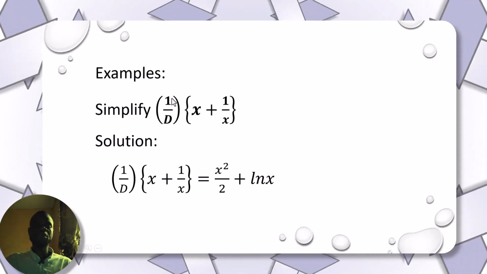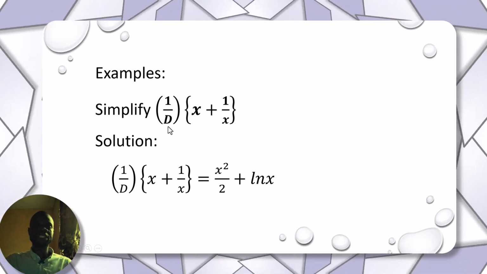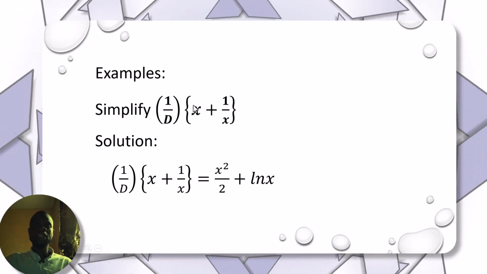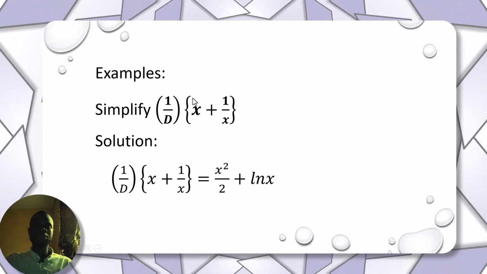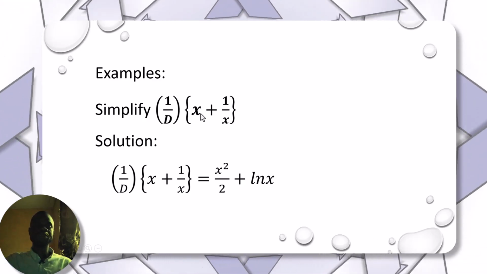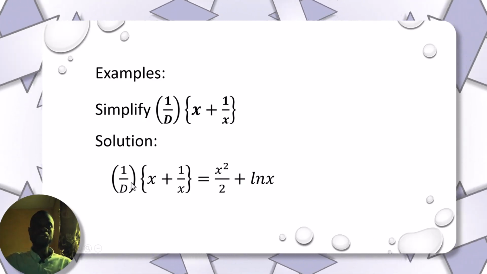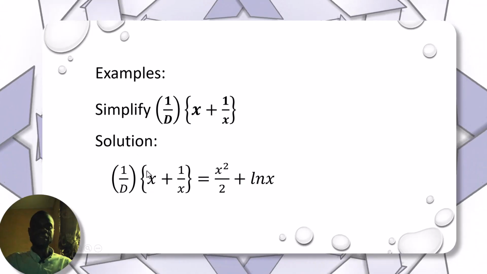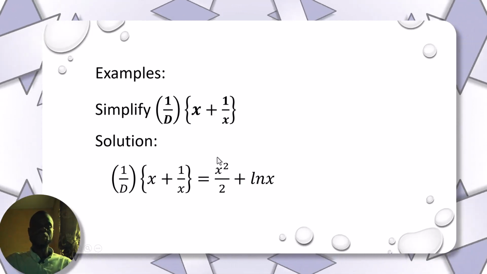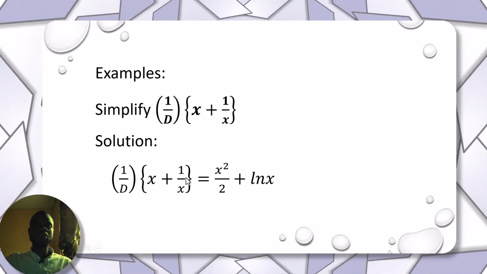So the first example here, we have 1 all over d, which is integration. Then we have x plus 1 all over x, right? So for something like this you can simply open the bracket. So 1 all over d is covering this, then 1 all over d is covering this again.